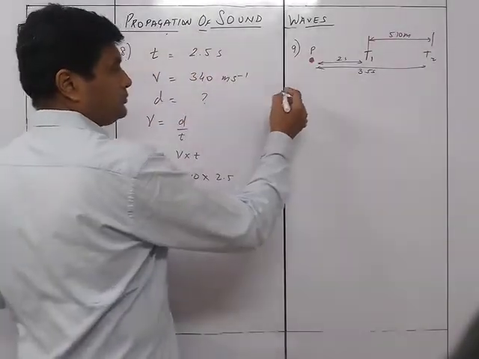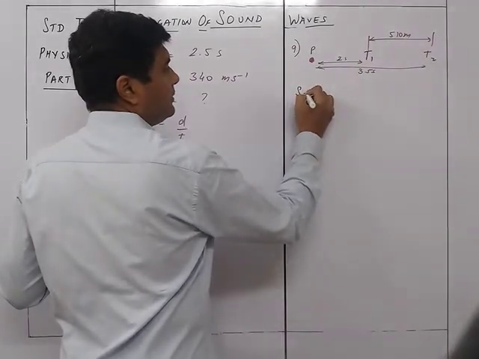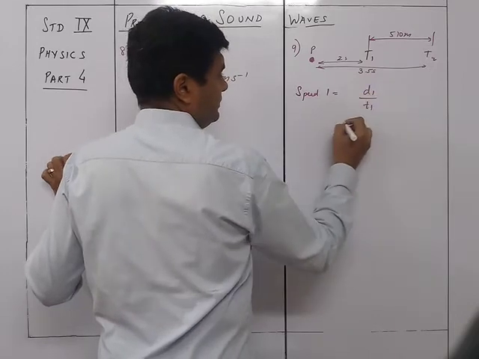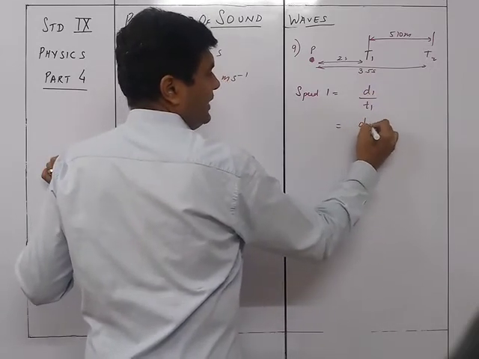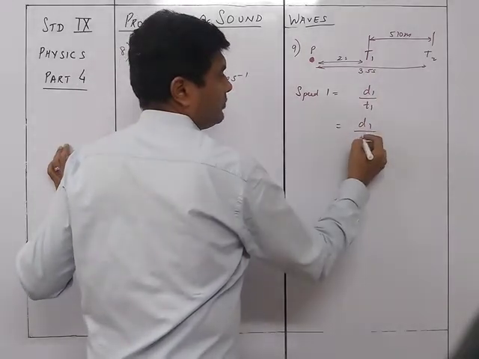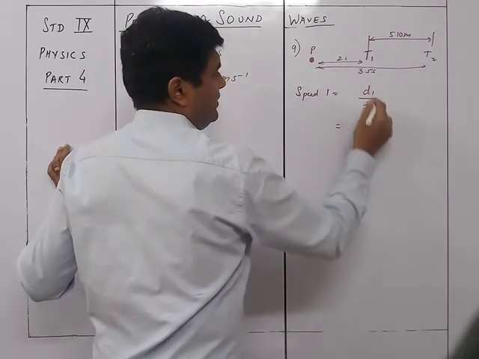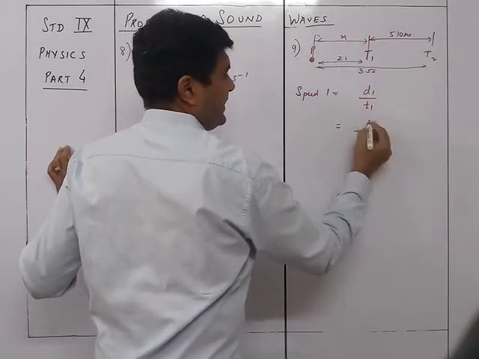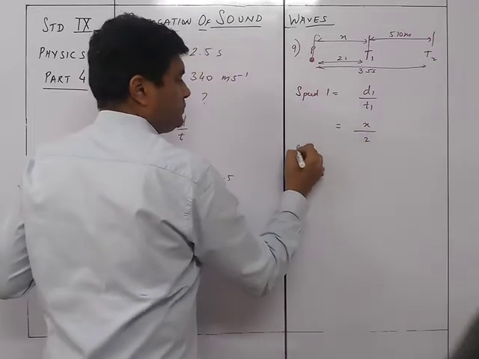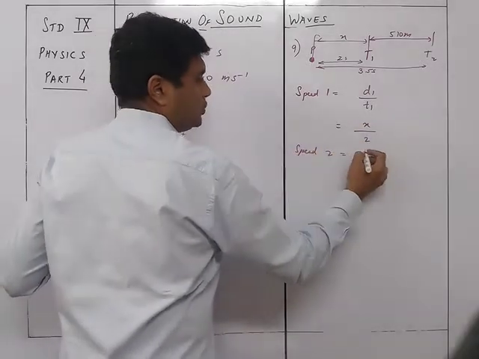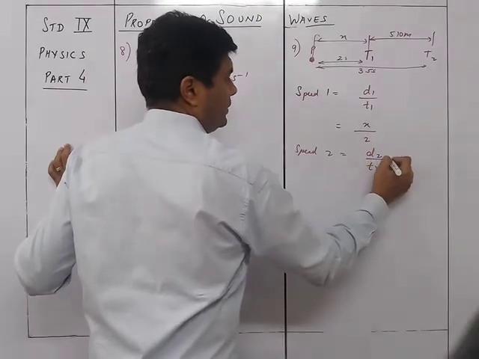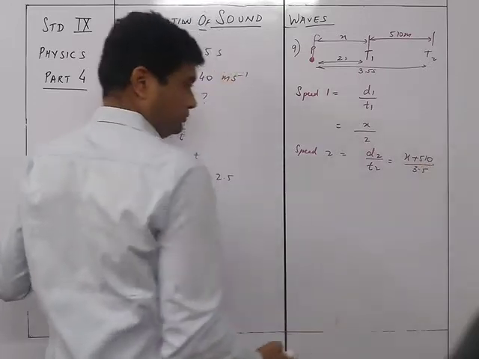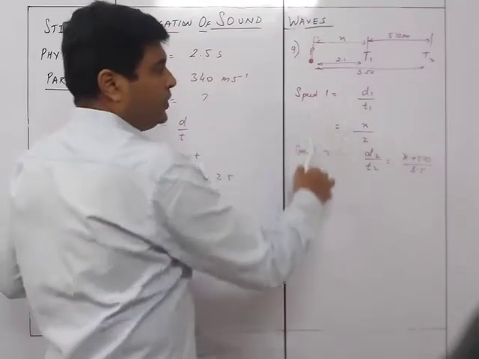So we have speed 1 equals d1 upon t1. We'll take d1 as x, that is x upon 2. Speed 2 is equal to d2 upon t2, equals x plus 510 upon 3.5. But you know that these two are the same.